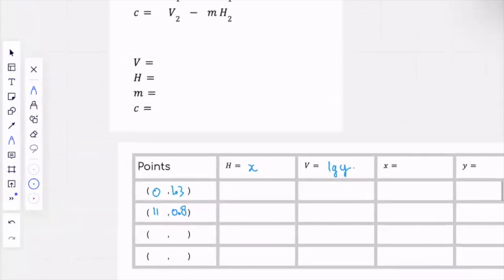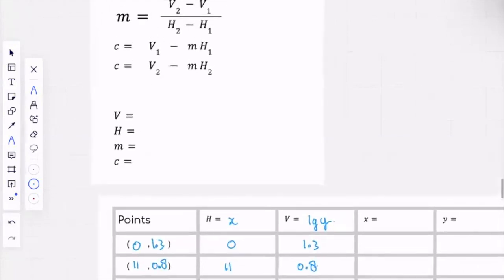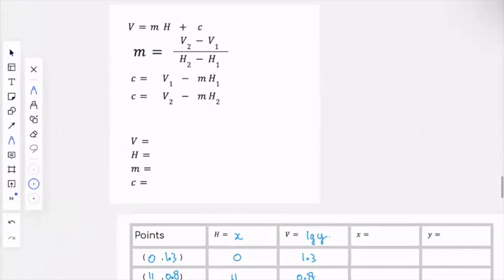For the first point, h is 0 and phi is 1.3. For the second point, h is 11 and phi is 0.8.